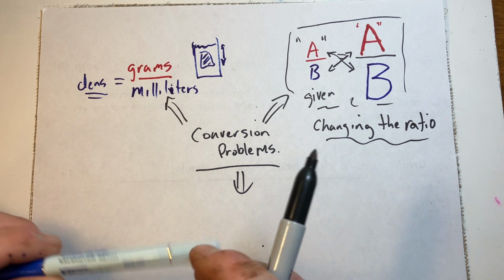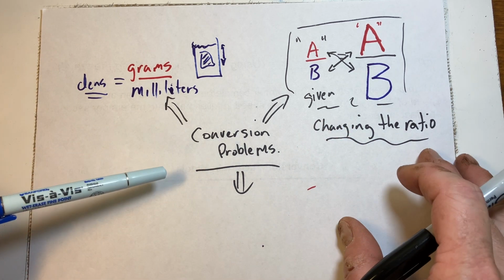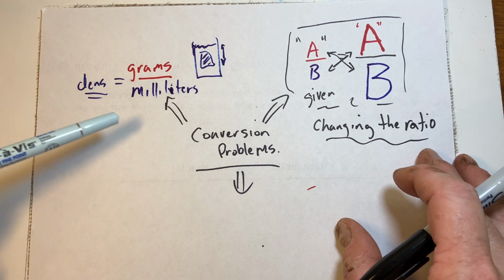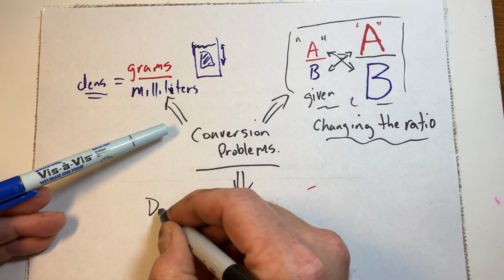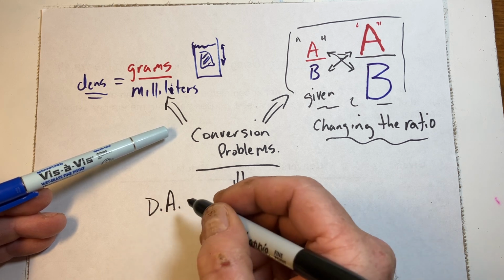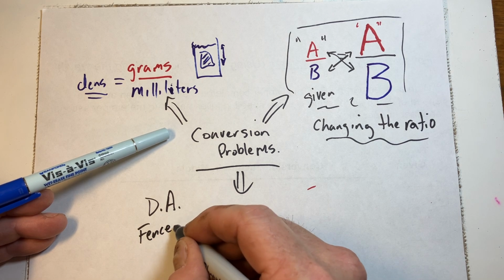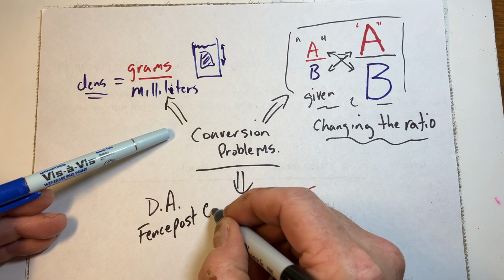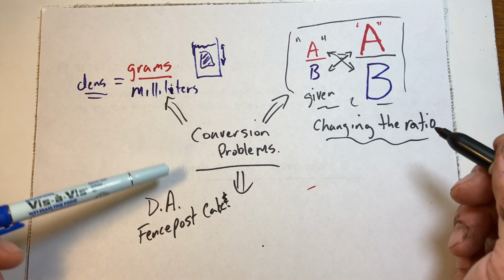Now the hardest one, that's going to take up the bulk of the support videos that I have, is not changing the ratio or making a ratio. It's dimensional analysis. It's also maybe called, in more layman's terms, fence post calculation.